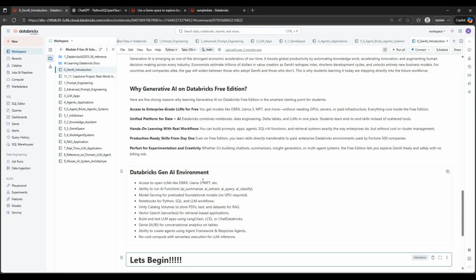Then step by step, we'll learn what is prompt engineering, what is advanced prompt engineering, then what are LLM apps, and then agentic applications. Nowadays they are very popular, agentic applications and agentic systems, and how to build different agentic systems.